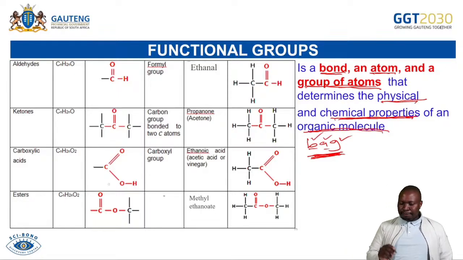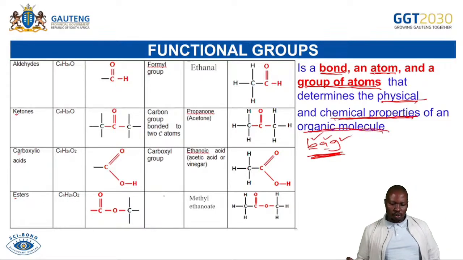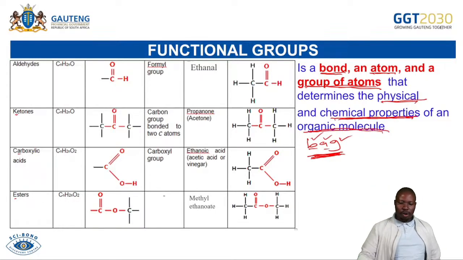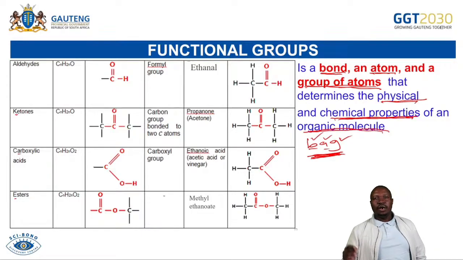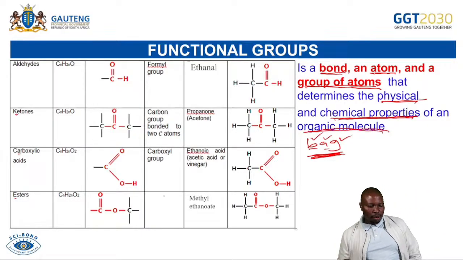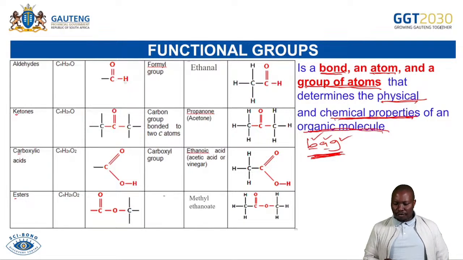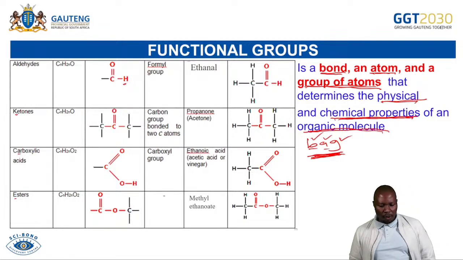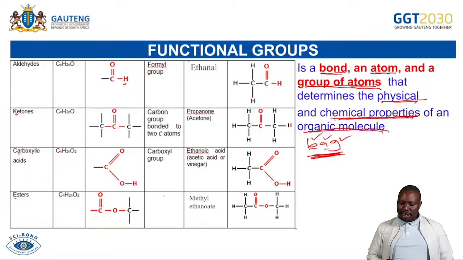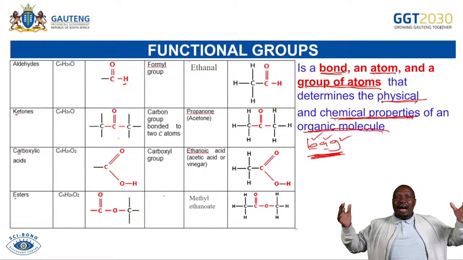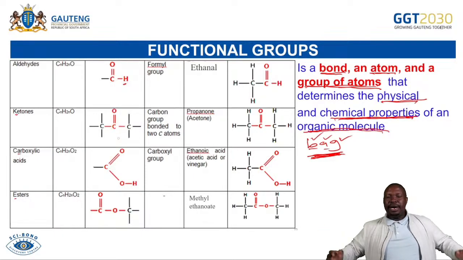So you can see that all these aldehydes, ketones, carboxylic acids, and esters, all of them have a C double bond O, and then we're just looking at what comes after the C double bond O. For aldehydes, the C double bond O is followed by a hydrogen, whereas ketones have a C double bond O surrounded by 2 carbons.